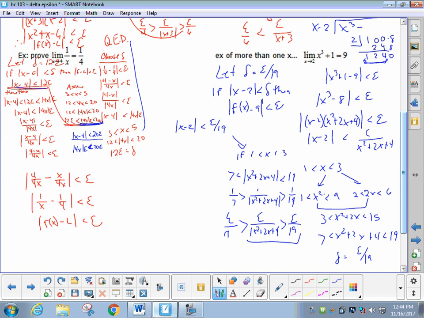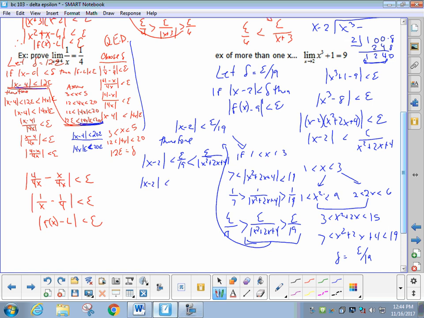So trichotomy: x minus 2 is less than epsilon over 19, which is less than epsilon over x squared plus 2x plus 4. At that point, the epsilon over 19 has done its job, and you can remove it.